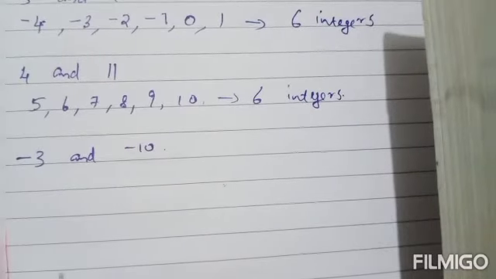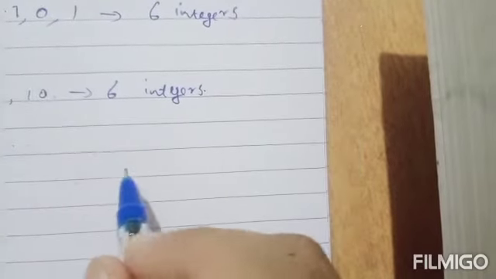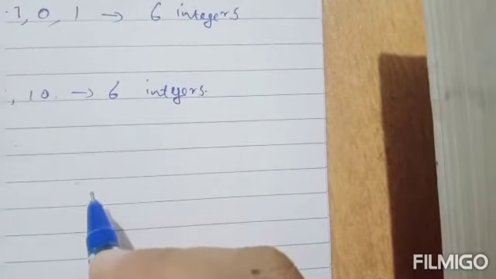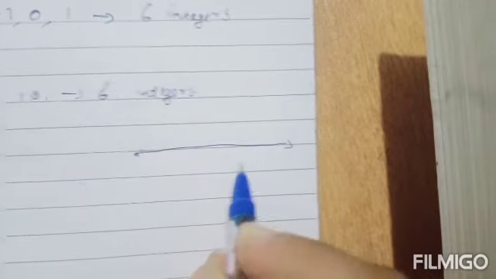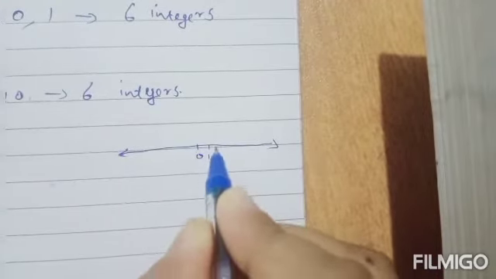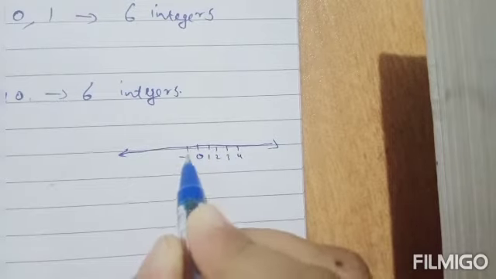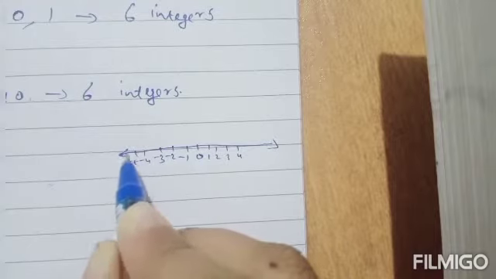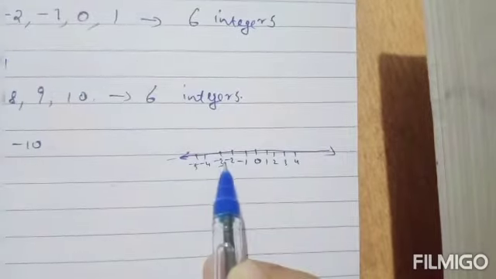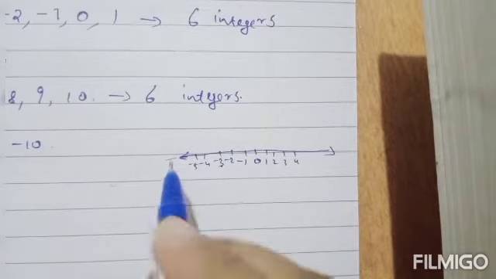You can also draw a rough number line, okay, to find which all integers are coming in between two integers. So let us draw one rough figure of number line. Here 0, 1, 2, 3, 4, etc. It will go on. Then here -1, -2, -3, -4, -5, etc. Okay, so here you can see -3. -10 will come to the left only.